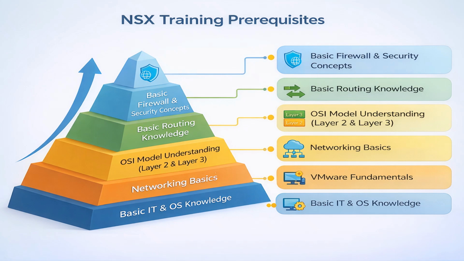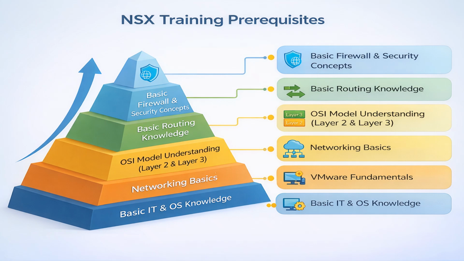Then comes basic routing knowledge. You should know what routing is, what a default gateway does, and the idea of static and dynamic routing at a high level. Okay. Finally, some basic knowledge about firewall and security concepts, which help you a lot in NSX, because in NSX we have many security concepts which need to be discussed.